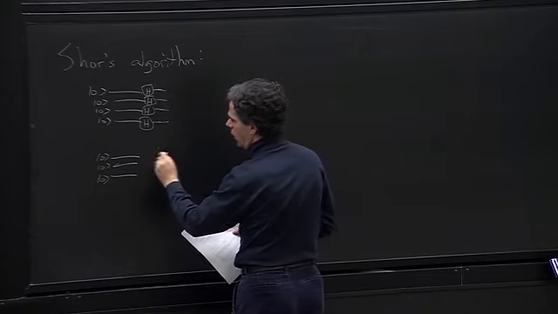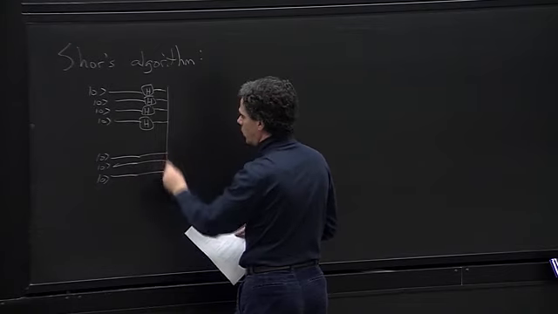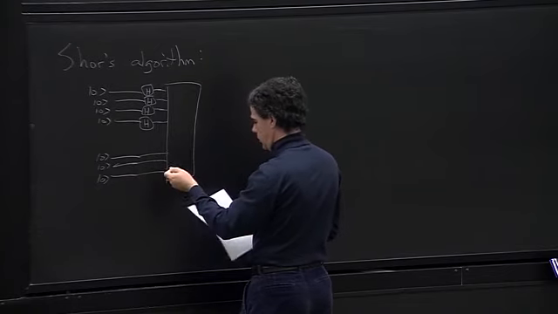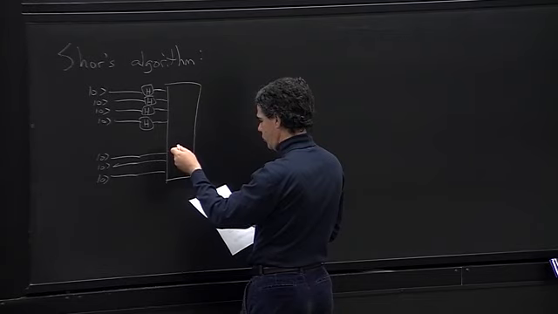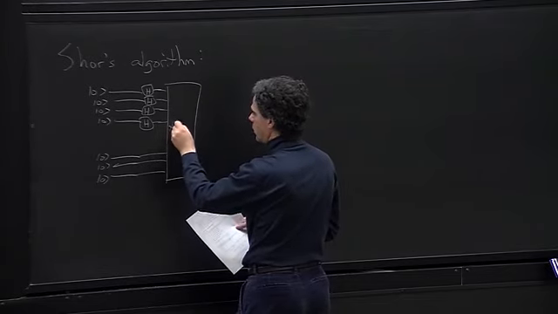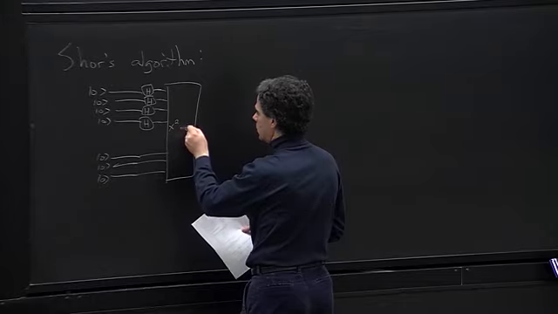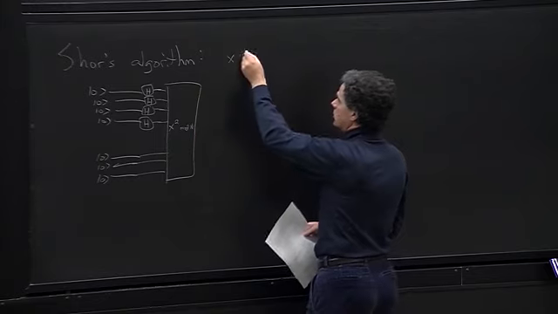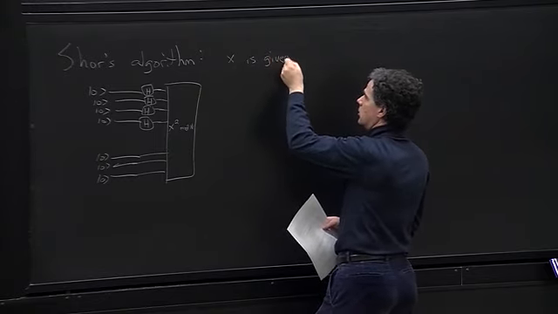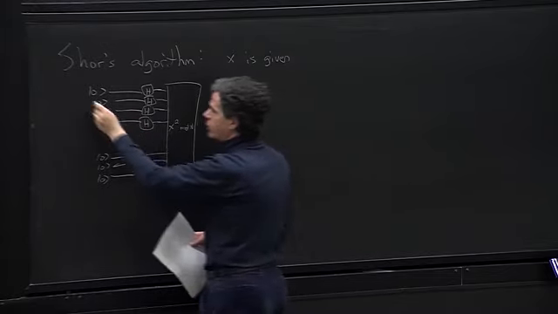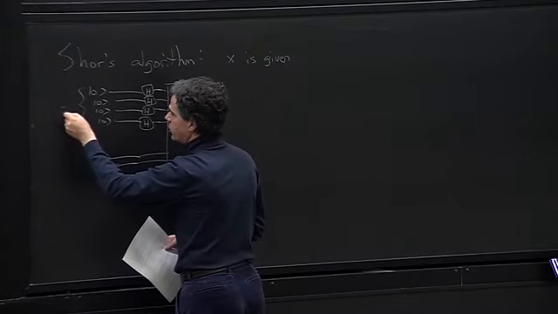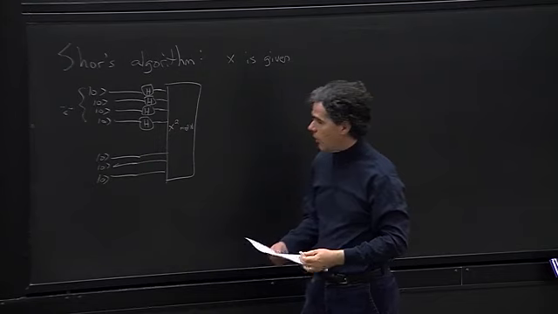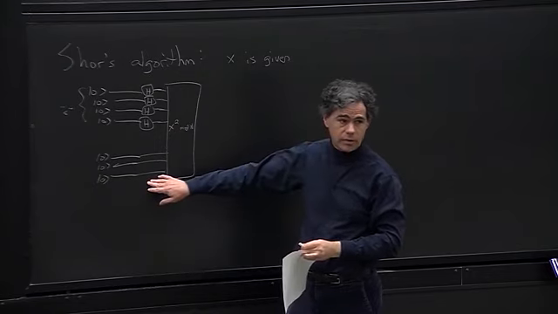Then we're going to calculate this periodic function. So x is given, and this register is going to be our A register to start with. And so we're computing x to the a mod n down here.